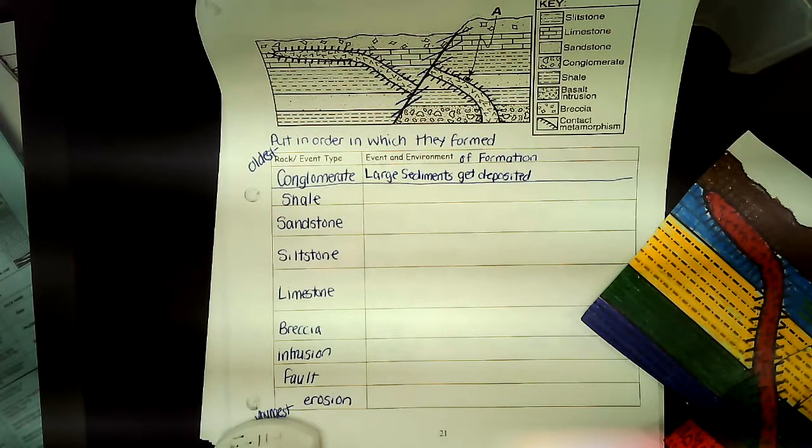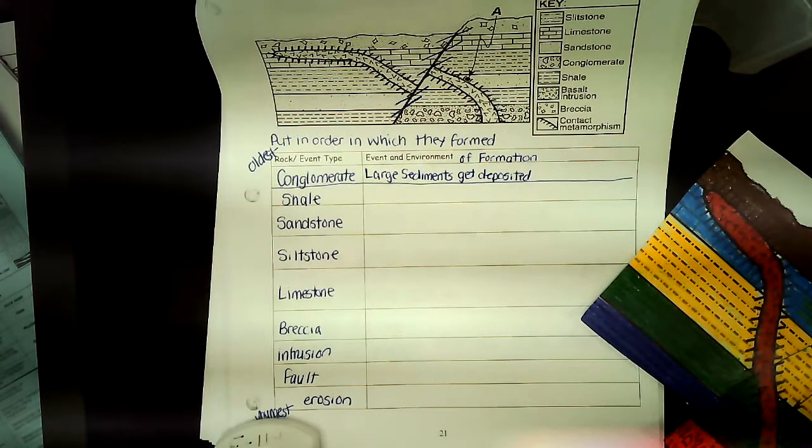When they meet an ocean or a lake, which is exactly so. Just like a water slide, when it was coming down the slide, when did it lose its power? When it hit the end of the slope, which is where the pool was. So sediments get deposited in water.